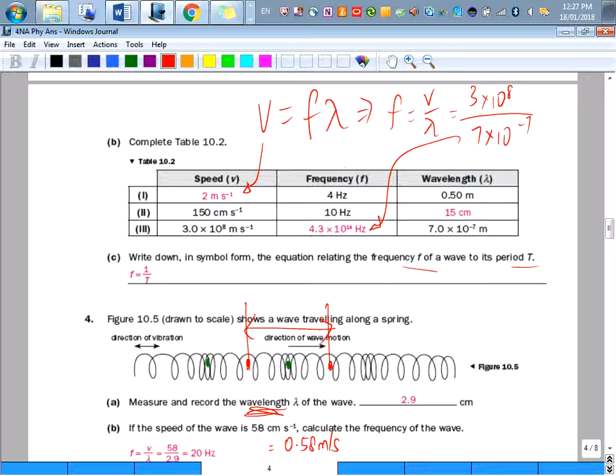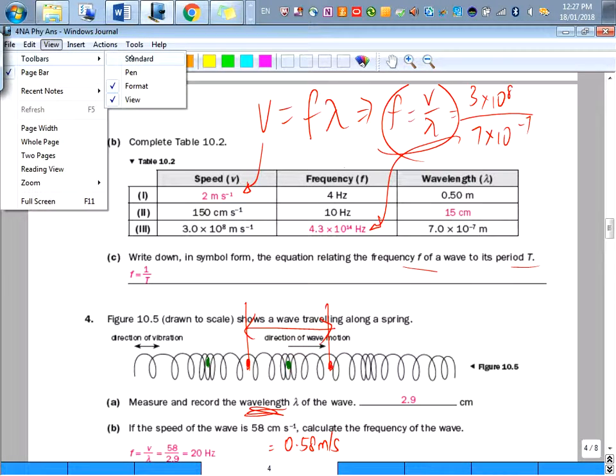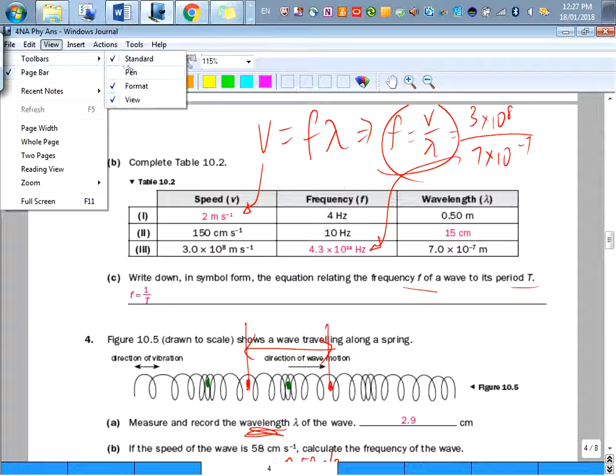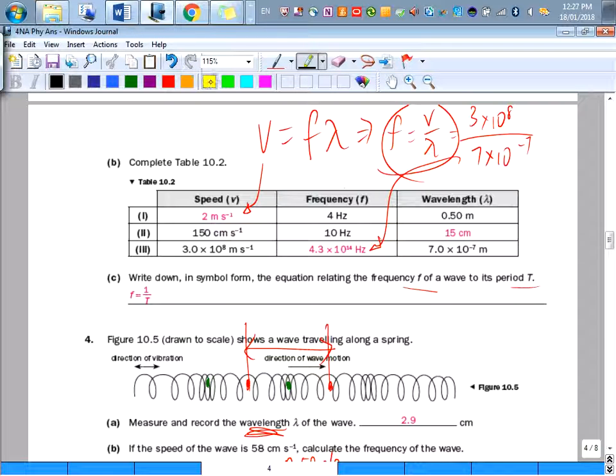Lambda. L-A-M-D-A. Okay, it is a Greek letter. Okay, let's continue. So we use this, but you don't want to memorize so many things, right? So we just memorize one of it only, which is v equals to f lambda. We derive anything else that we require from there.